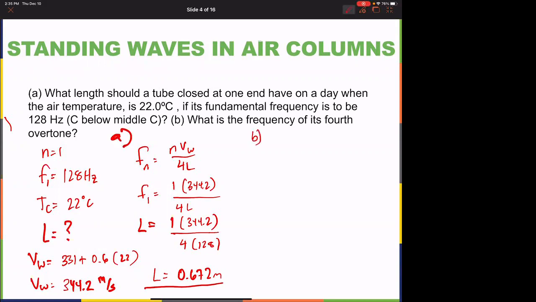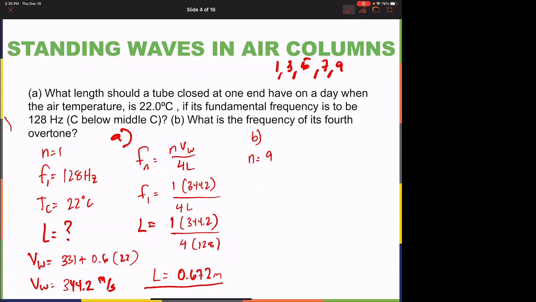Part B says what's the frequency of its fourth overtone. So in part B, what is n equal to if it's the fourth overtone if we're going by odds? So 1, 3, 5, 7, 9. So 1 is our fundamental frequency. 3 is the first overtone, 5 second, 7's third, 9's the fourth overtone.